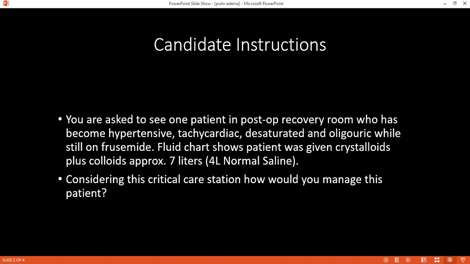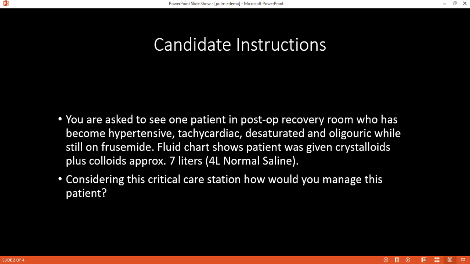So what does it tell you? Has the patient been given more fluid? The patient has definitely been given an overload of fluids. Excess fluids have been given, following which the patient developed pulmonary edema that led to desaturation, resulting in tachycardia and hypertension.